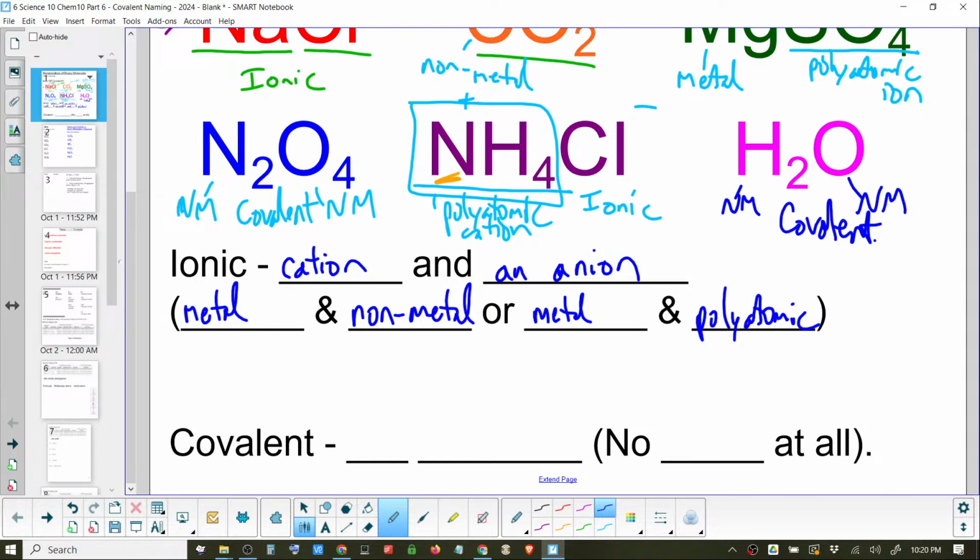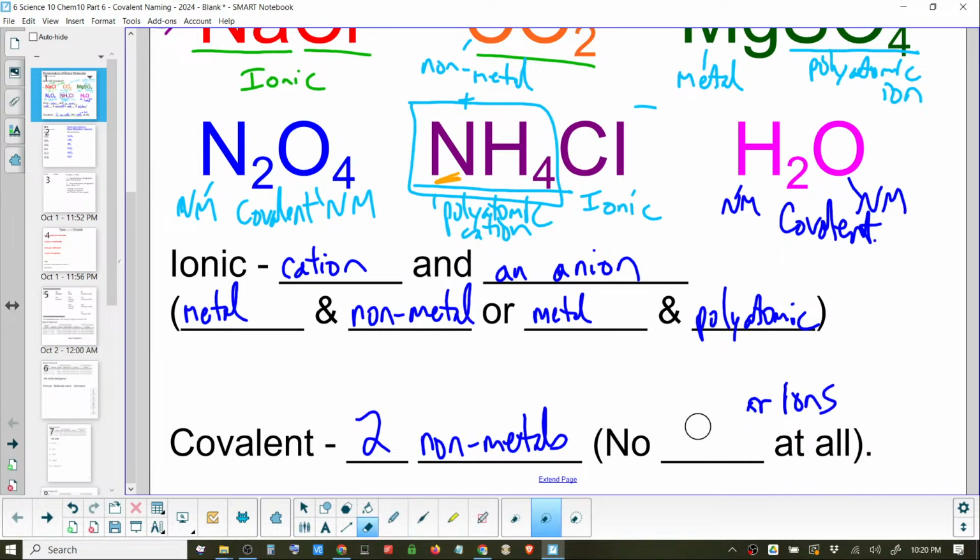A covalent is just 2 non-metals. There's no metals, or indeed there's no ions. In fact, that's probably a better word here. No ions at all.